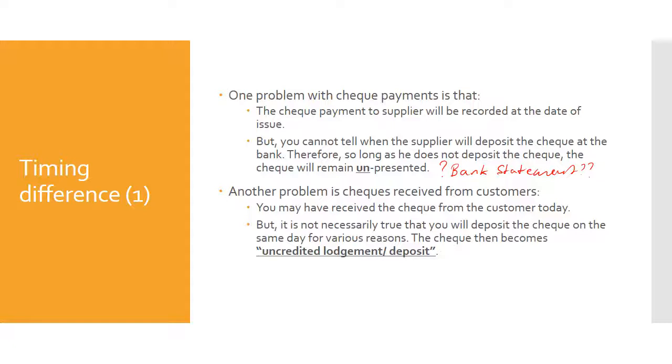Only when he deposits the check will it appear in the bank statement, right? So if it doesn't appear in the bank statement, and you have such a payment recorded in your cash book, obviously your cash book and bank statement would have different balances.